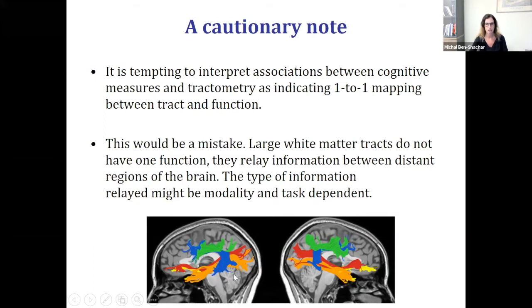They relay information between distant regions in the brain, and the type of information that they relay might be modality and task dependent. So I think this would be a misinterpretation to frame this as we found the role of the bilateral ventral pathways in morphological processing, but rather we found an association between these pathways and morphological processing, along with other things that these pathways do.